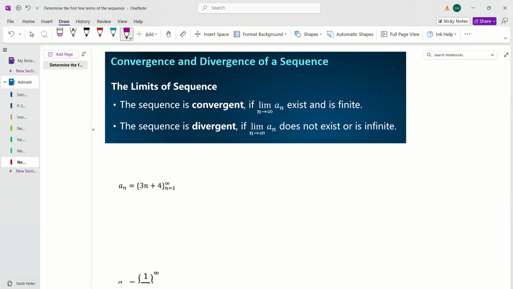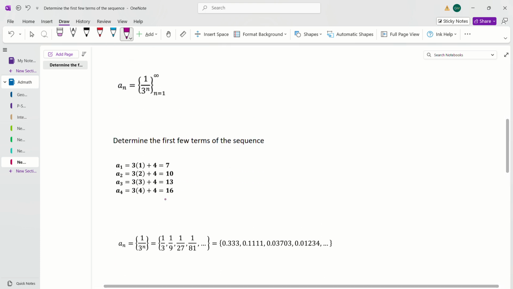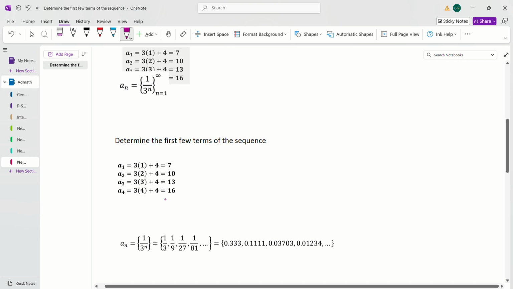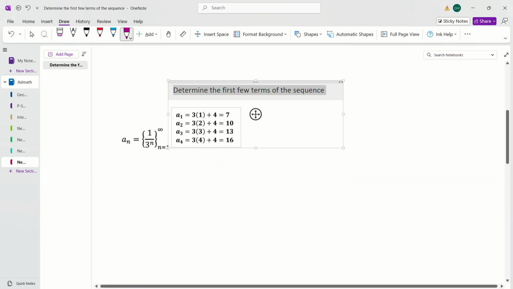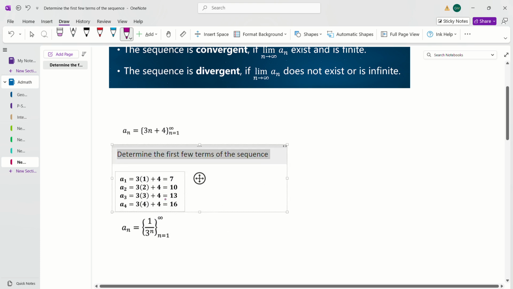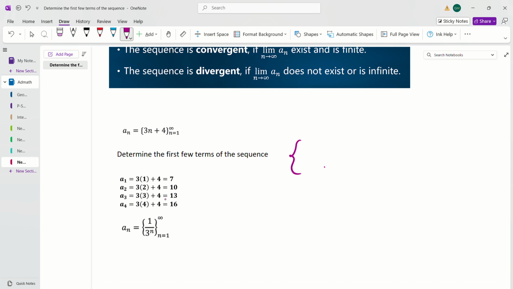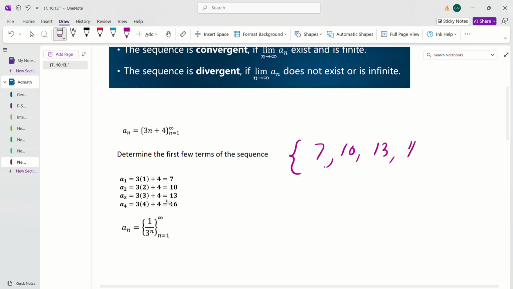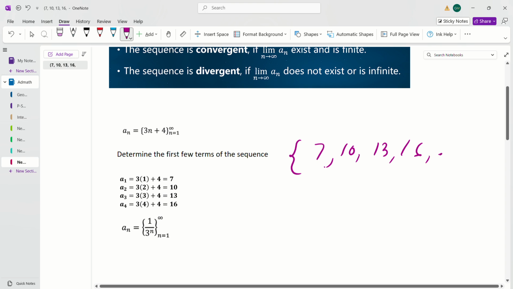If we determine the first few terms, let's analyze the behavior of our sequence. So we have 7, 10, 13, 16, and so on and so forth.